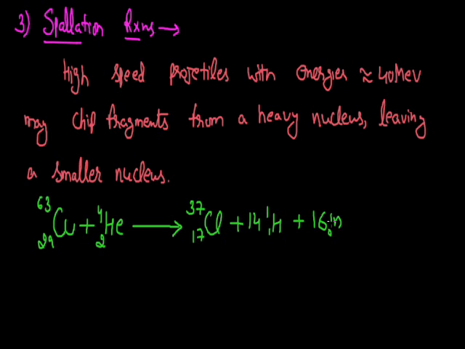So here we can find that the heavier nuclei is converted into smaller nuclei by the bombardment of this kind of high energetic particle, and as a consequence we are getting lots of elementary particles as chip fragments. So this can be taken as an example of spallation reaction.